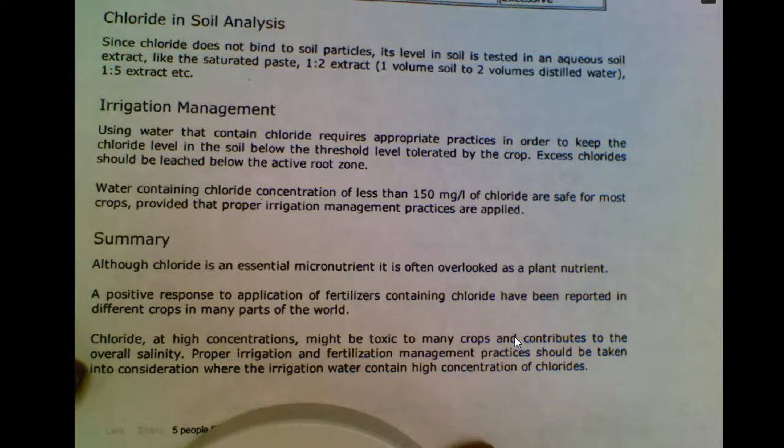Again, at higher concentrations, it can be toxic to many of the crops and contribute to salinity. So again, we need to manage our irrigation and fertilization practices where your irrigation water contains higher concentrations of chlorides. Okay, so usually the water is going to be enough for us to use.